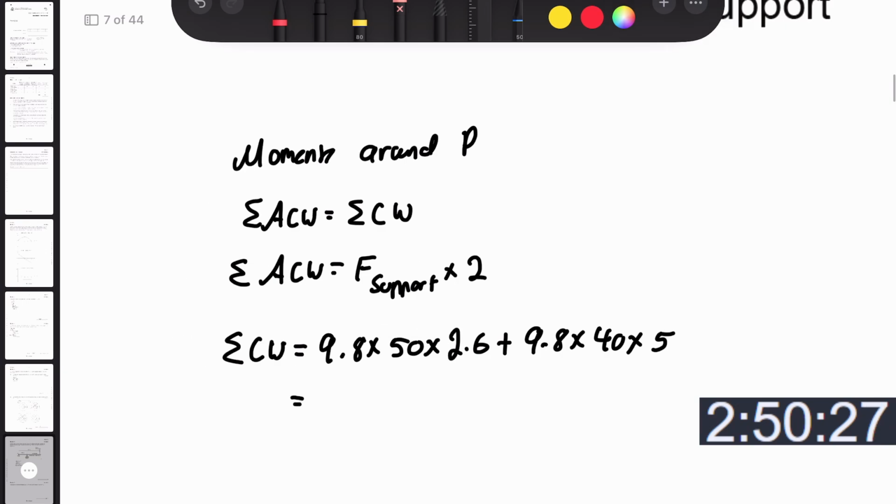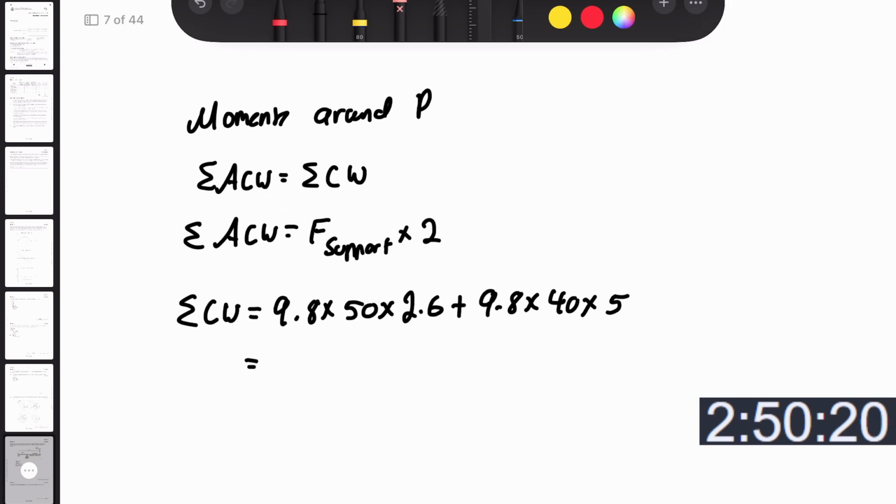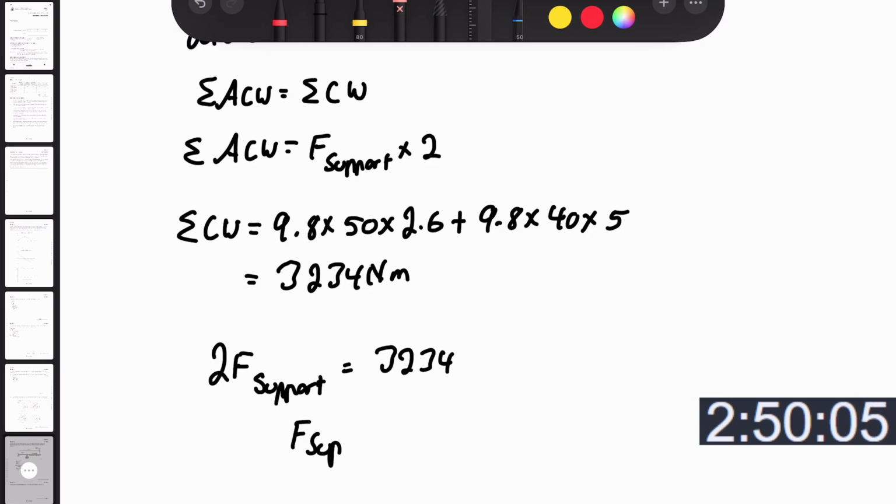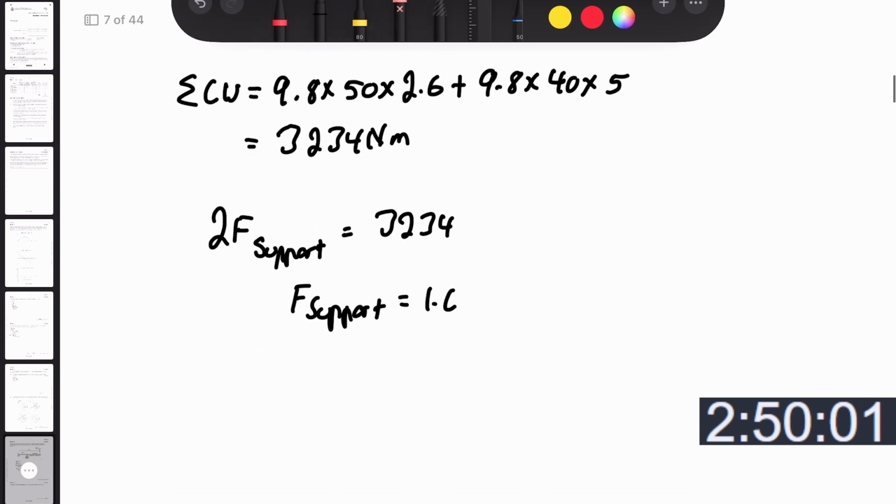So this is equal to 50 times 2.6 plus 40 times 5, 3,234 Newton meters. So then 2 F support must equal 3234. So then F support is going to be equal to 1.62 times 10 to the power 3 newtons.